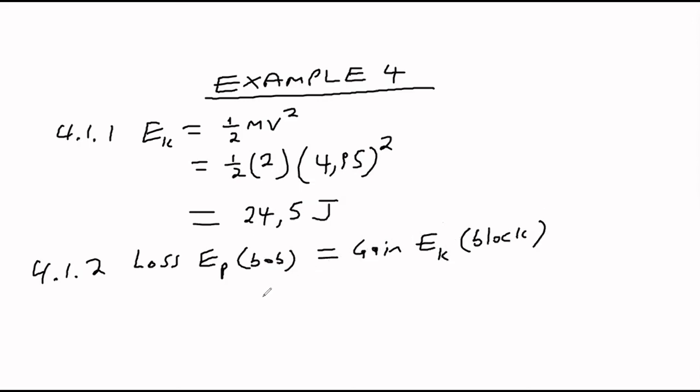What makes the bob not reach the initial height is that it has lost energy due to colliding with a stationary block. So the potential energy of the bob which is lost is the same as the kinetic energy which is gained by the block.